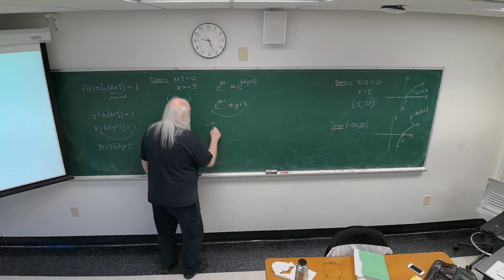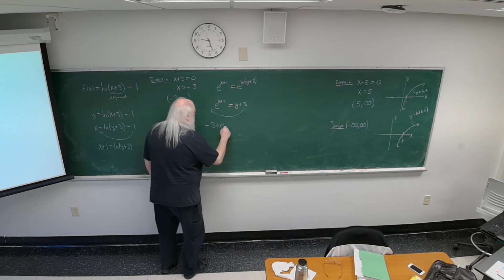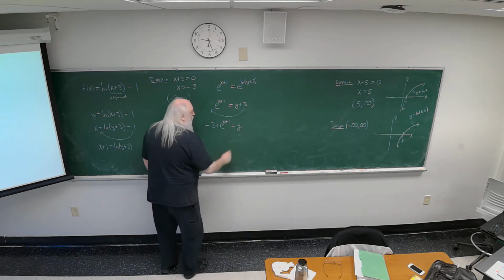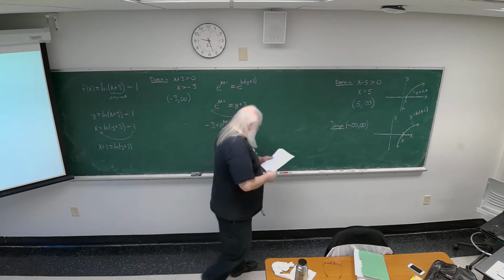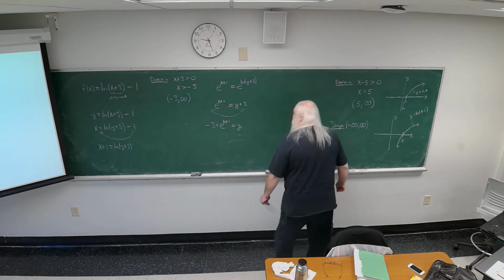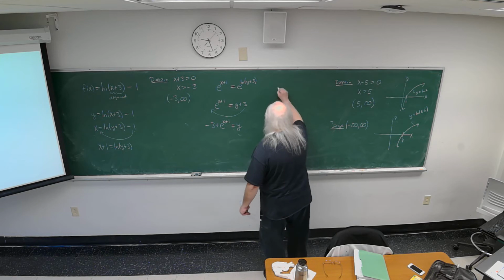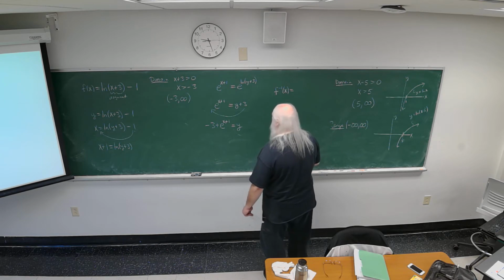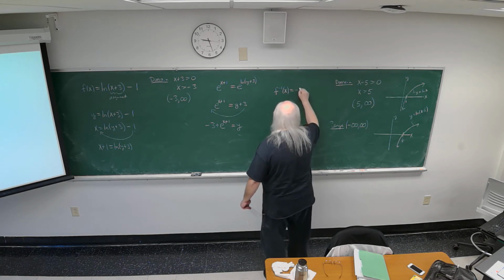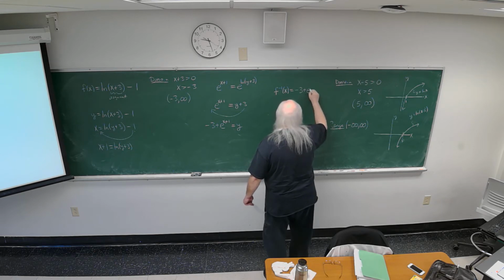I have minus 3 plus e to the x plus 1 is equal to y. And now I switch the two sides and replace y with inverse function notation. And I have f inverse of x is equal to minus 3 plus e raised to the x plus 1 power.